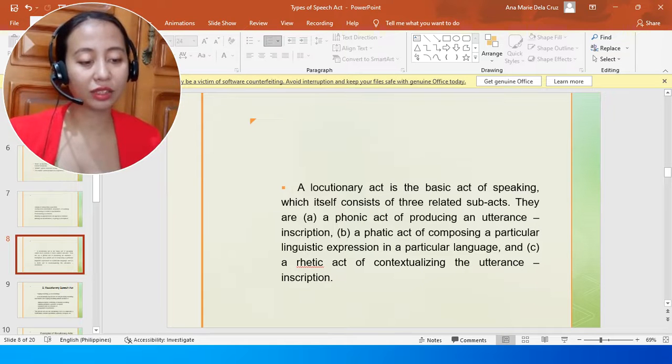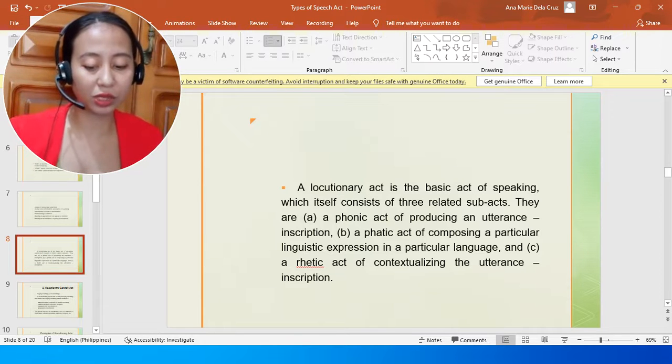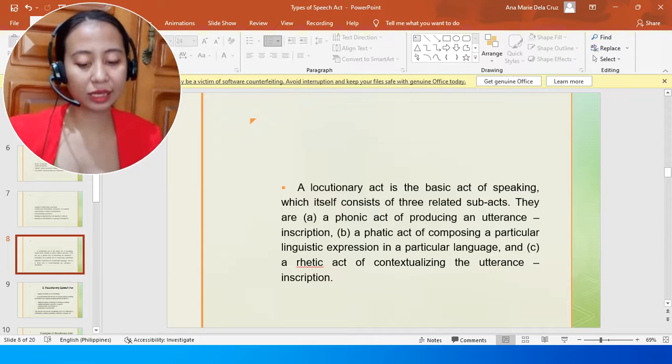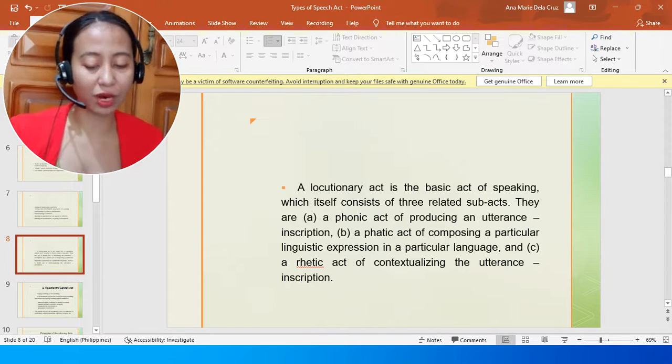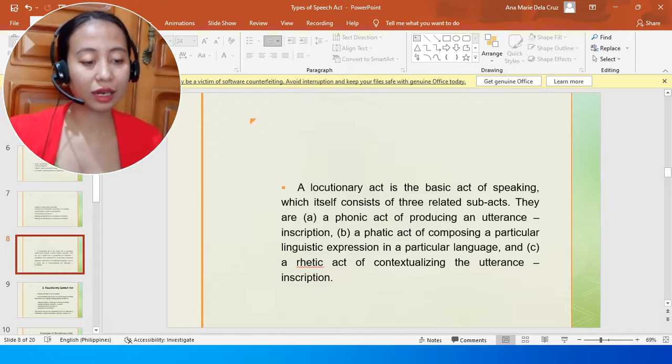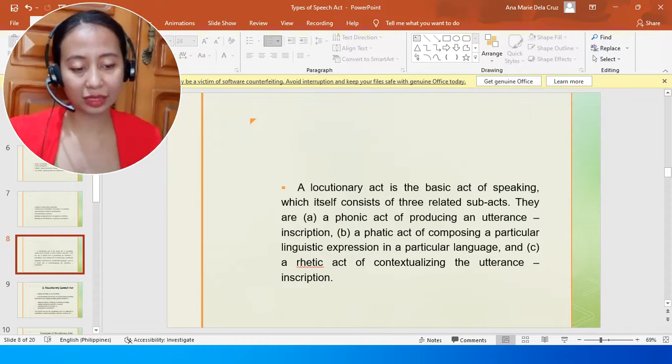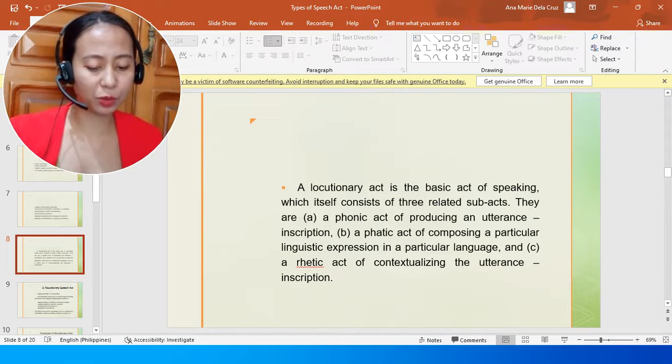Next, a phatic act of composing a particular linguistic expression in a particular language. That is phatic act. This is constructing a well-formed string of sounds and symbols in words, okay? Phrase, sentence, or discourse in a particular language. It is phatic act. Next is rhetic act. Rhetic act is contextualizing the utterance inscription, like assigning references and disambiguating the utterance inscription.